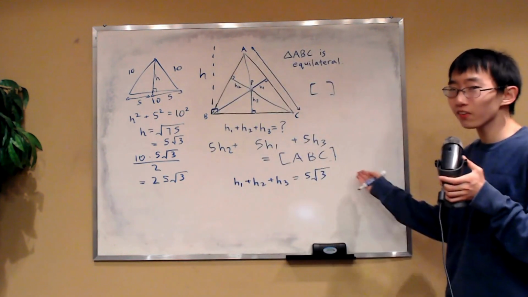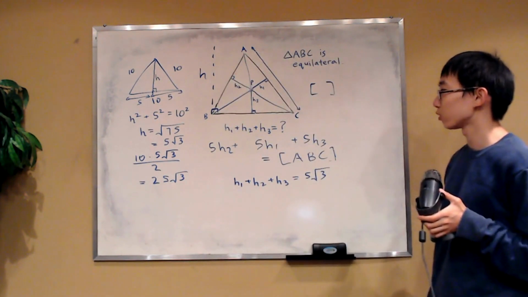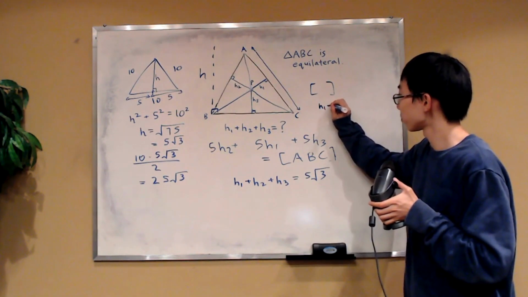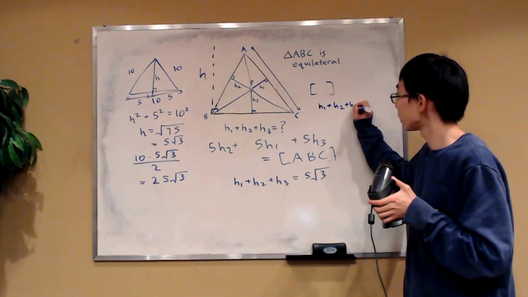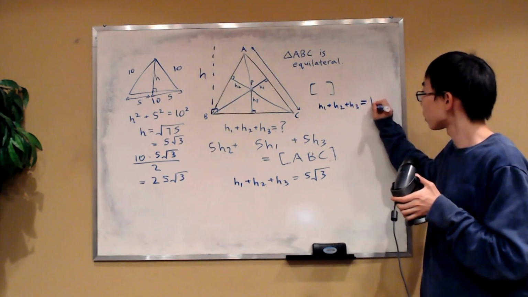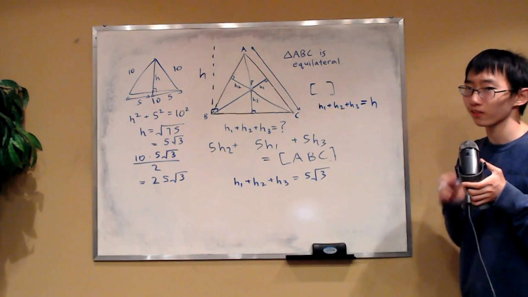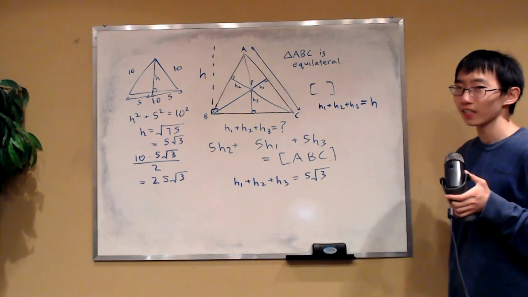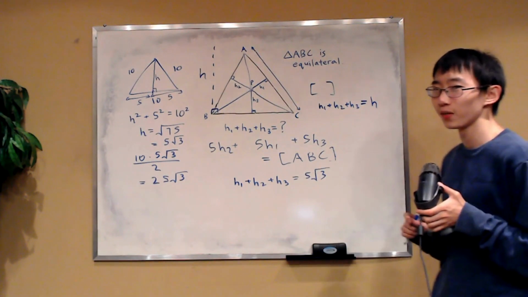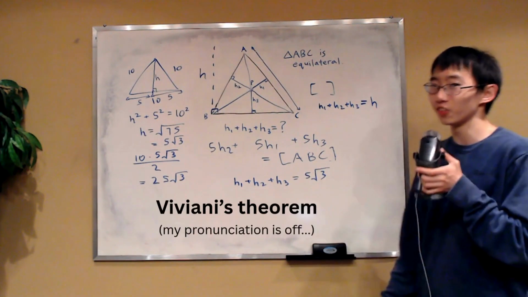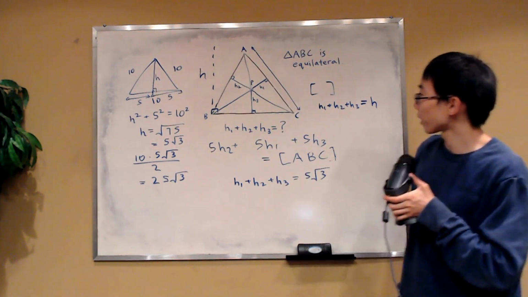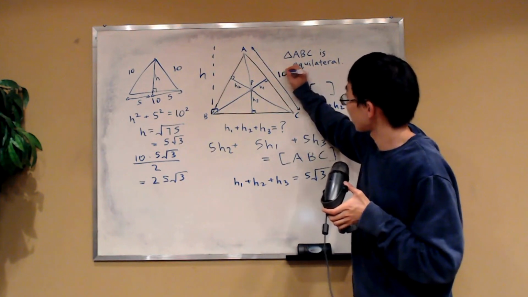Then, in a very similar manner as we did with this problem, you can prove that h1 plus h2 plus h3 will always equal the height of the equilateral triangle. And this isn't something that I just discovered. This is a very cool theorem with a name. It's called Viviani's theorem.